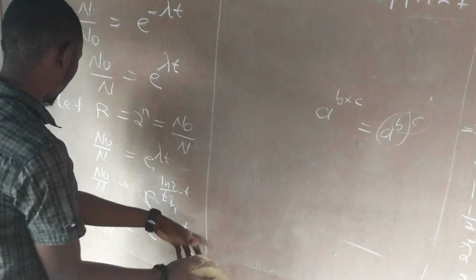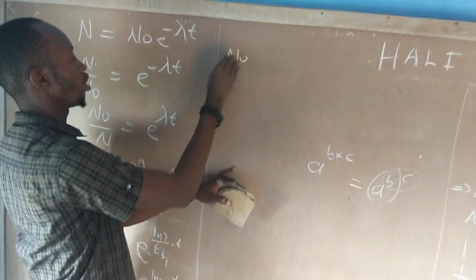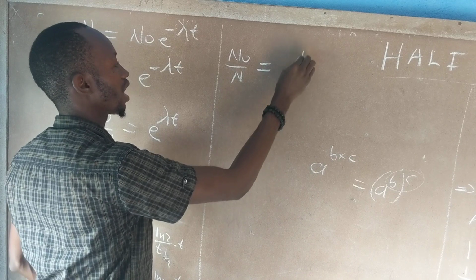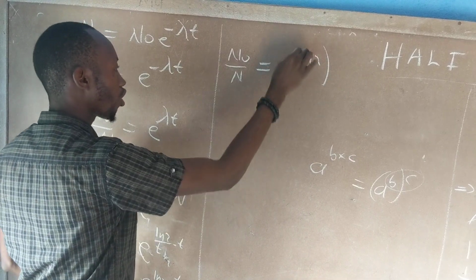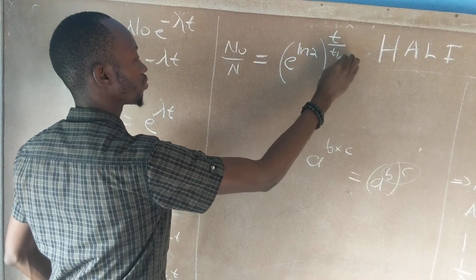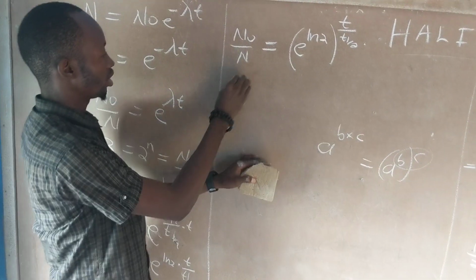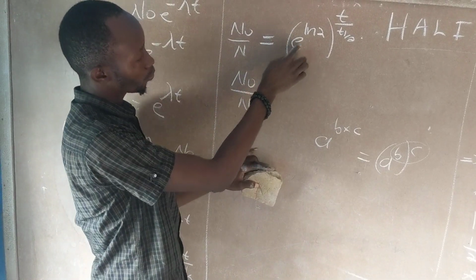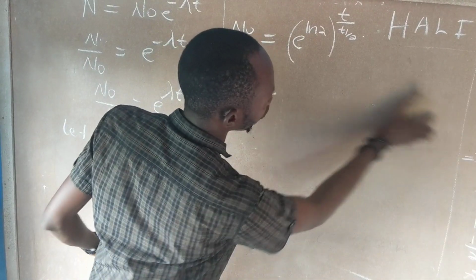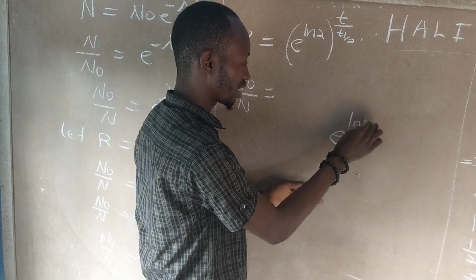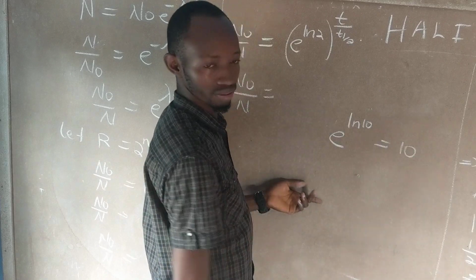If we maintain it as N0 over N, we have something like e raised to the power ln 2, all in brackets, to the power t over T half. Now if you take your calculator, e raised to the power ln 2, this is again another concept you have to capture. e raised to the power ln 10 is always 10.